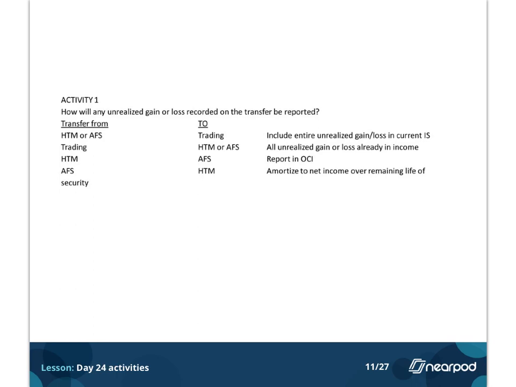The basic rule is when you make that change, you do this. Step one, you bring the debt security to fair value. That's step one. And step two is really simple.